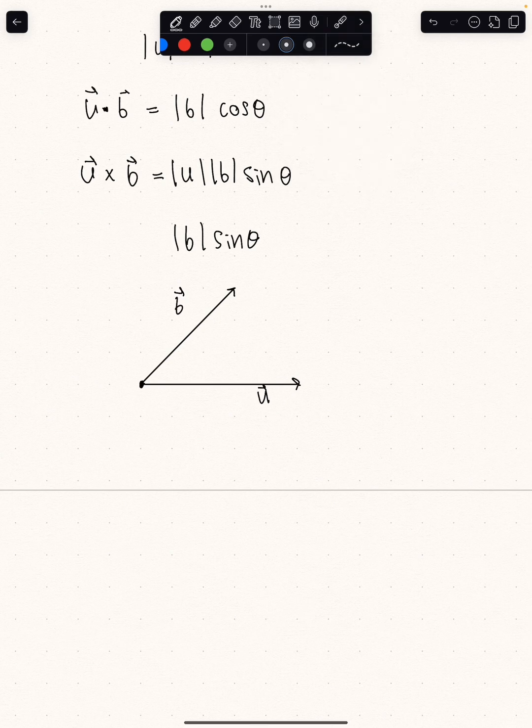And that is going to be the line perpendicular from the tip of B down to the vector U. Ooh, that's not quite perpendicular. There we go.